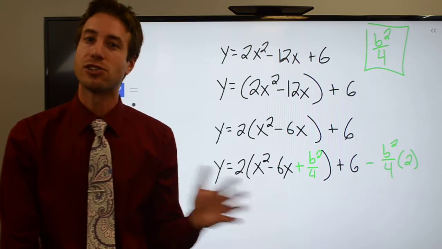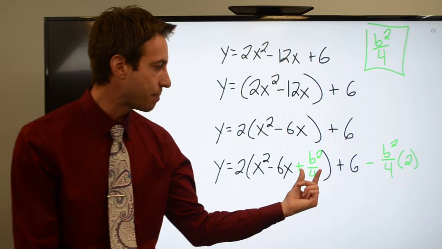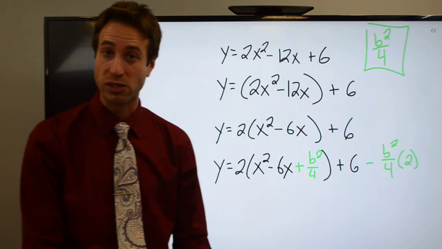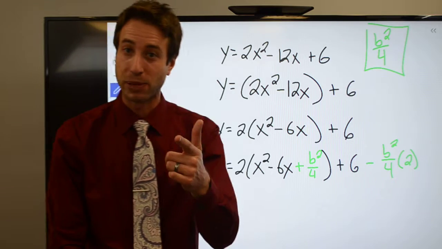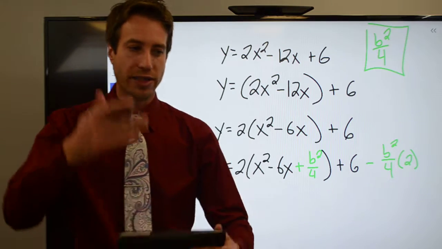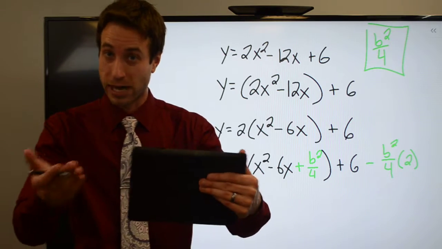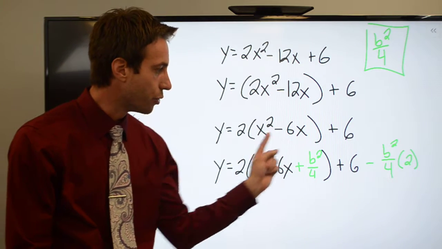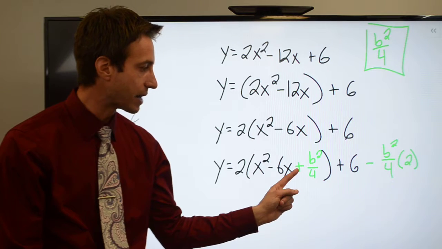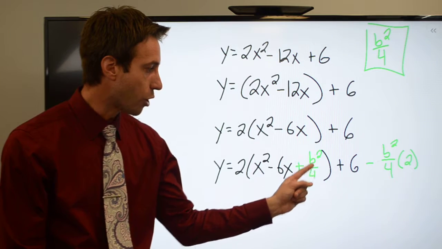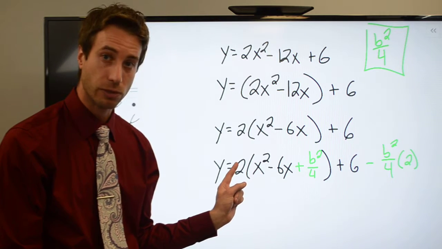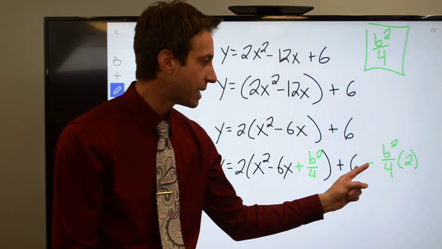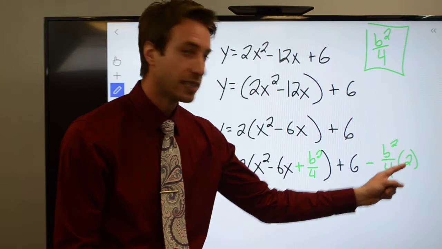So anyway, there we go. As far as the algebra is concerned, I'm completely reconciled. I've added b squared over 4 on the inside of the parentheses and subtracted it on the outside, and please keep in mind the algebra says it's got to be balanced. If I were to distribute the 2 through the parentheses, I would wind up with a plus b squared over 4 times 2 inside, and on the outside a minus b squared over 4 times 2.